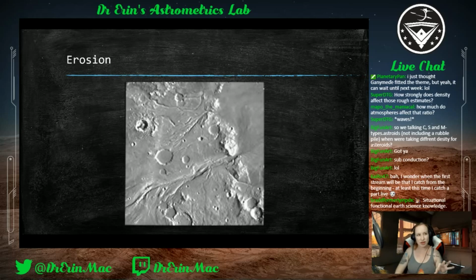There's evidence that Mars had an atmosphere at one point, so that means that it did undergo erosion. So when we're seeing the surface, we're not seeing it as it was when it first formed, as opposed to when we're looking at Mercury or the moon.